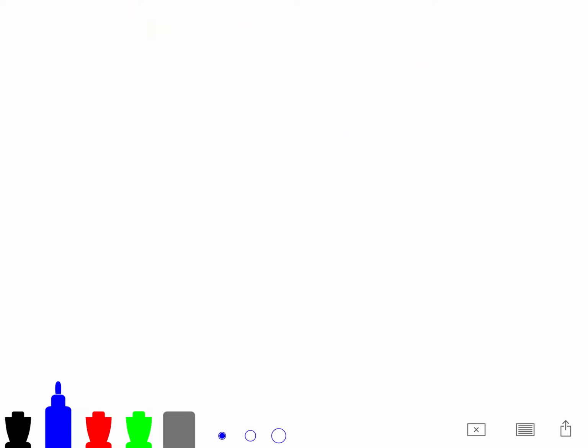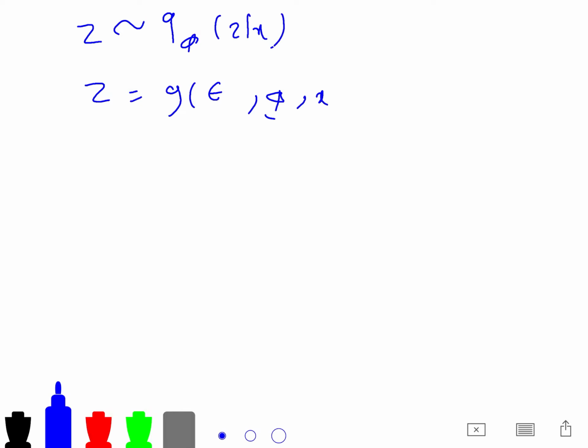reparametrization trick. It's just a simple change of variable, because you express your random variable z, from q phi of z given x, as some differentiable invertible transformation of another random variable epsilon, given phi and x.